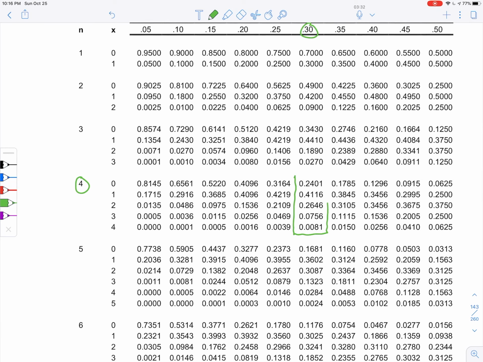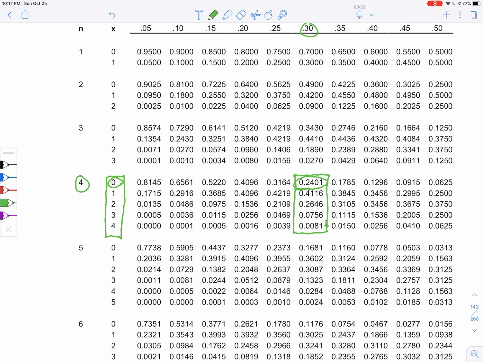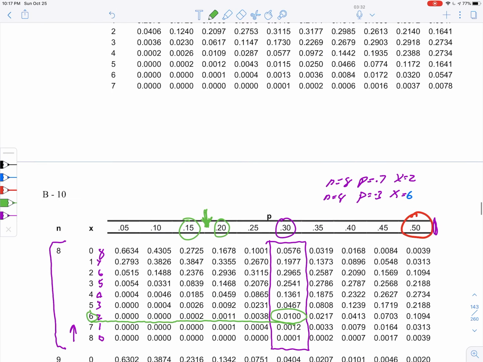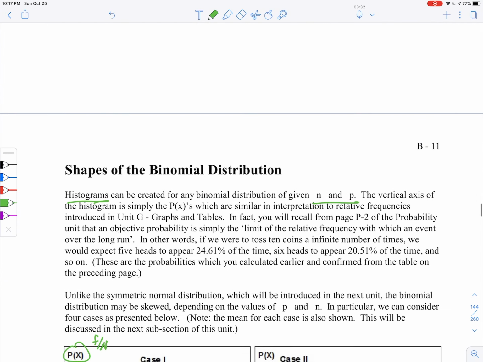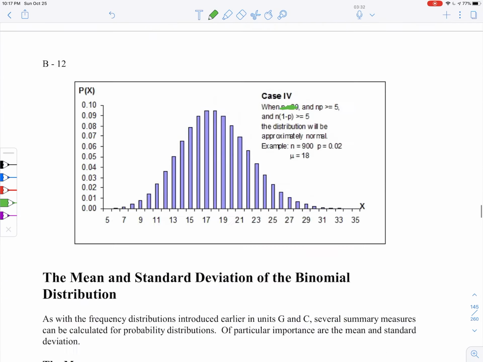These are the probabilities that we would be looking at, and that corresponds to these x's here. An x of 0 has a probability of 0.2401, and so on all the way down. What I've done here is take each x times its probability and add them together, and you would end up with the mean. I've done that down here.